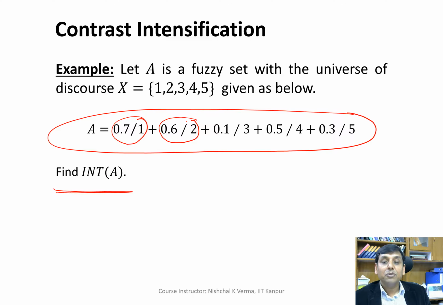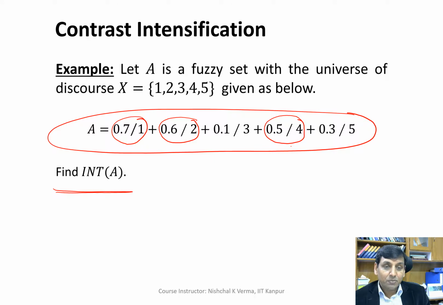Means we are concentrating the fuzzy set, and the membership value that we have for this fuzzy set, we'll multiply by 2. Similarly, we have one term here which is 0.5.